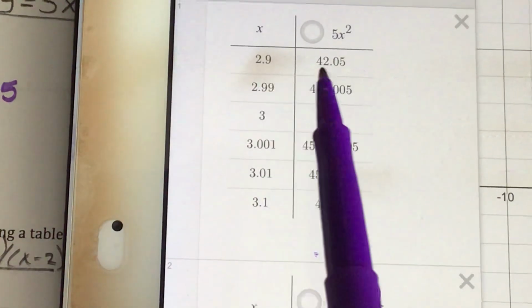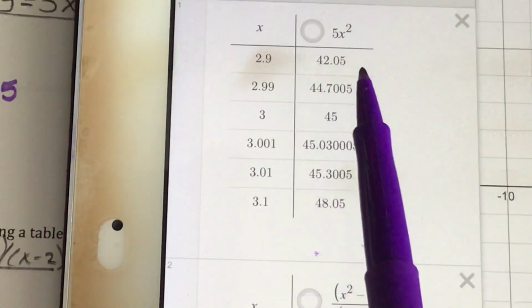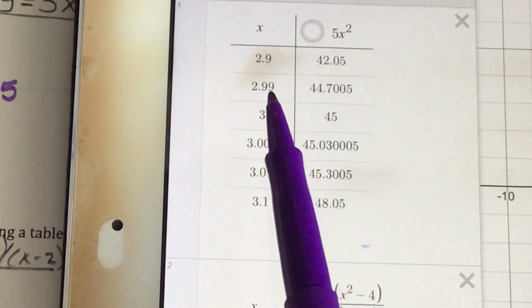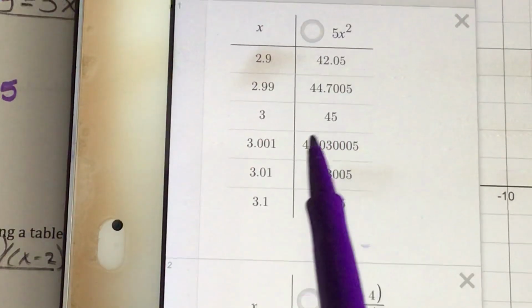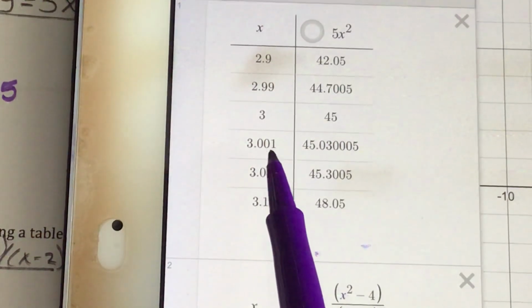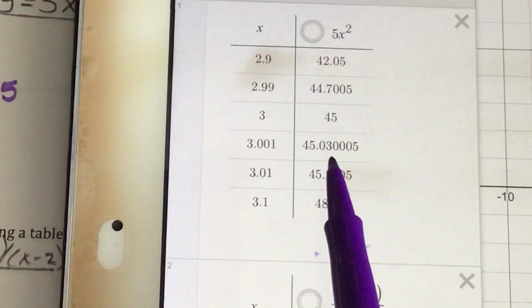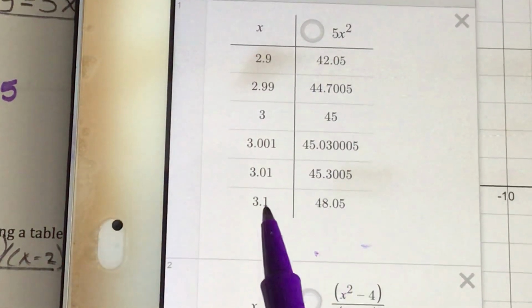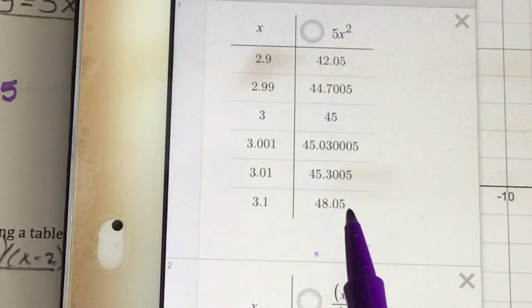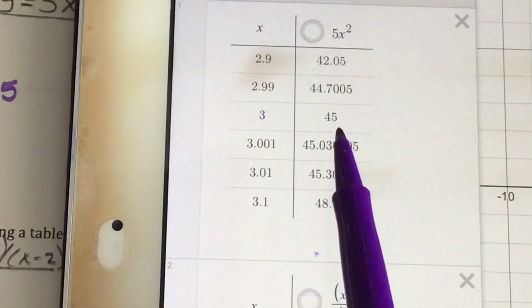If I plug in 2.9, I have 42.05. Then if I get closer to 3, I'm getting closer to 45. If I go a little bit more than 3, I have a little bit more than 45. And the farther I get away from 3, I get numbers farther away from 45.